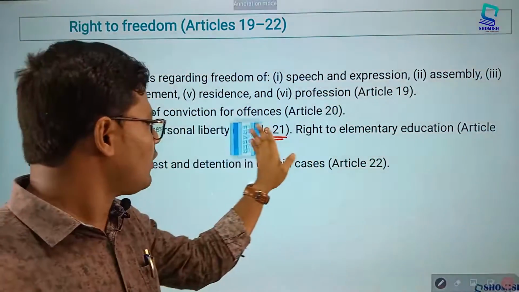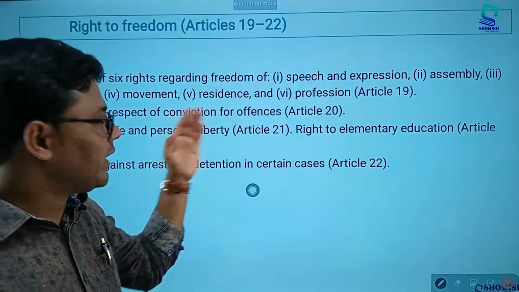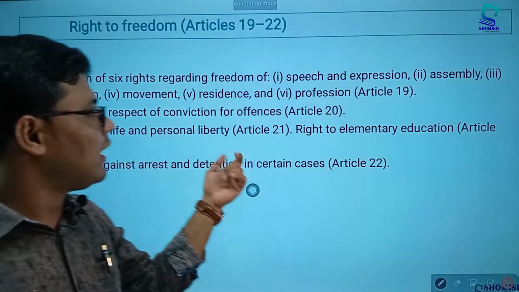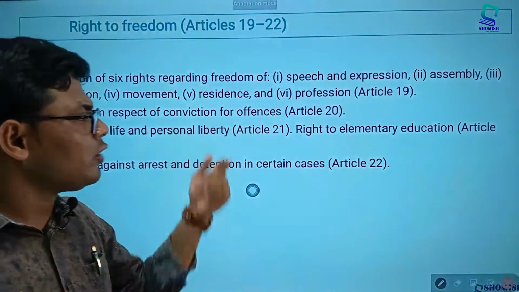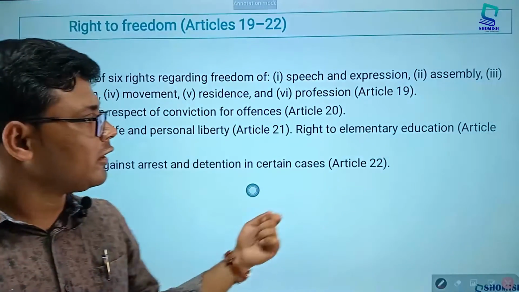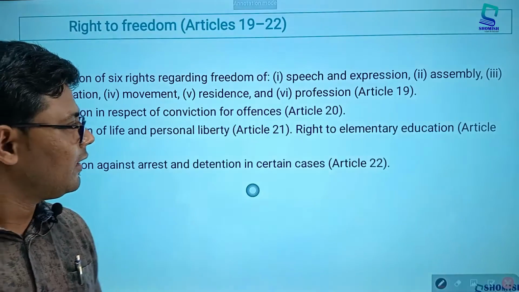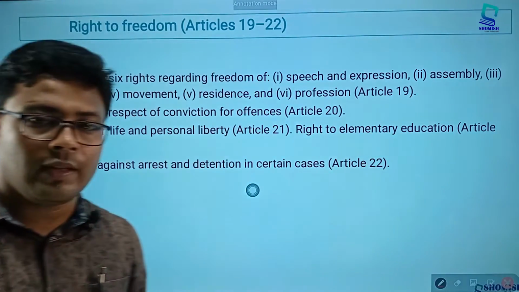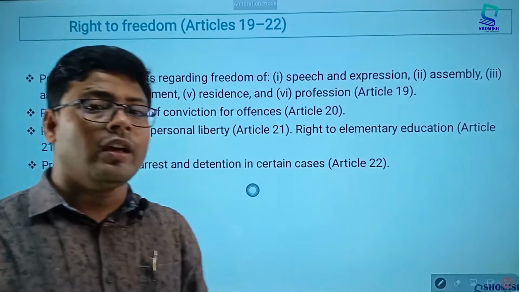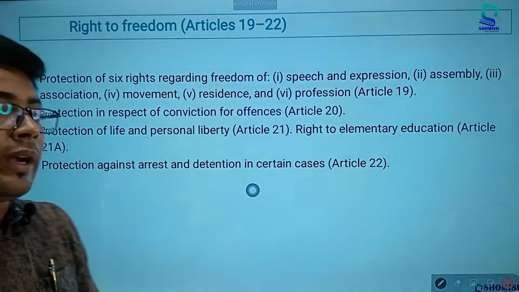Right to play, right to sing, all come under right to life and personal liberty. This comes under Article 21. Thereafter, another important article is included in this part, that is the right to elementary education.